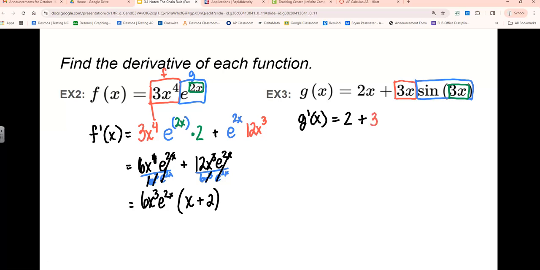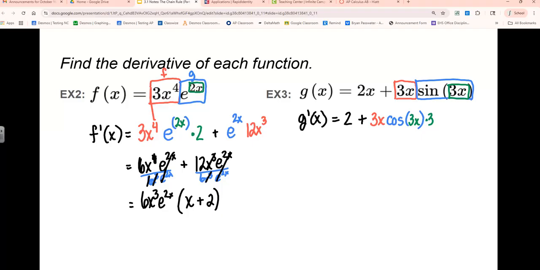So we'll have 3x times, this is where the chain rule comes in. What's the derivative of sine? Cosine of the stuff. The stuff stays the same here, but what do I have to do? Times the derivative of the inside, which is 3.